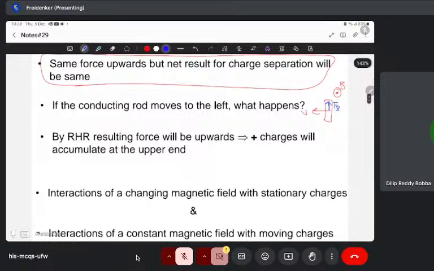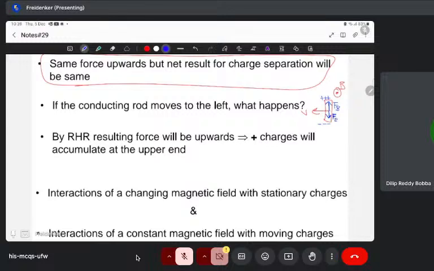So that means if there are positive charge carriers, they will be accumulating on the top. If there are negative charge carriers, they'll be accumulating at the bottom. This will create an electric field in this direction. So positive charge carriers will experience a force in this direction, so force due to electric field will be here.